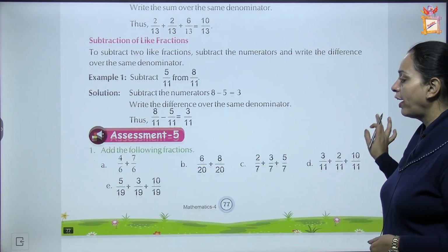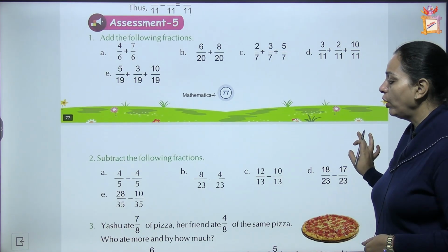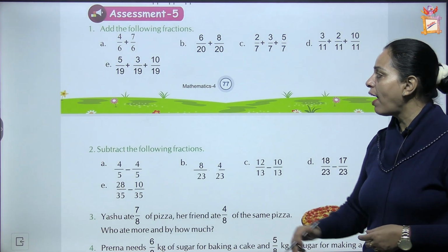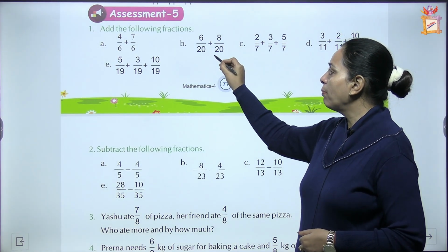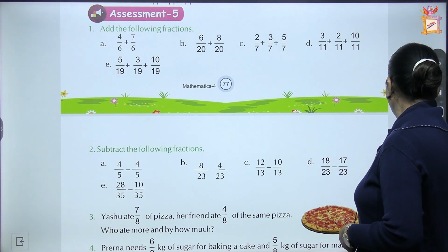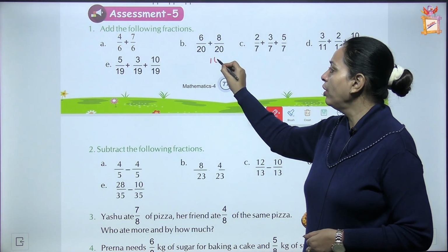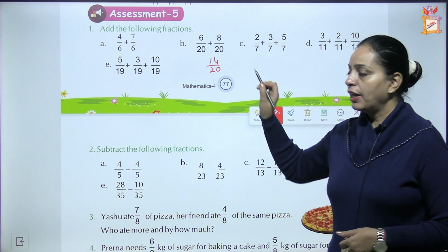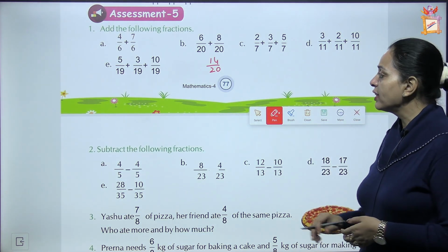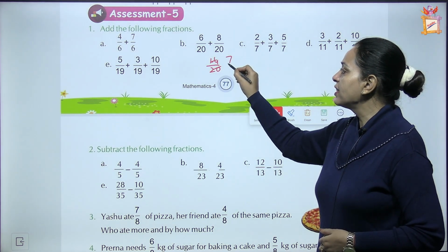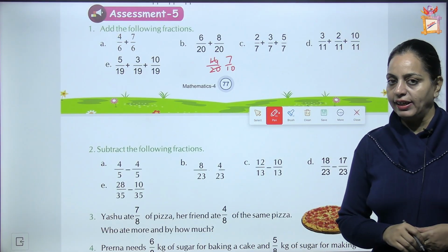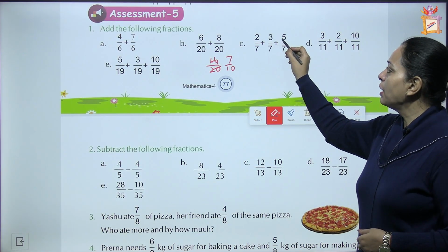Now assessment 5. The first one, add the following fractions like B part 6 by 20 plus 8 by 20. So what will you get? 14 upon 20. इसे हम lowest form में भी reduce कर सकते हैं. So answer is 7 upon 10. C part 2 plus 3 plus 5.